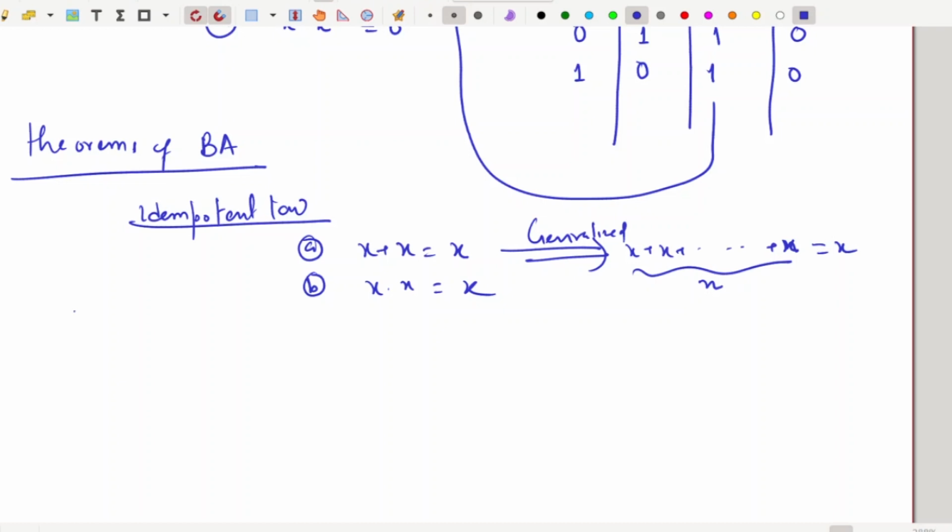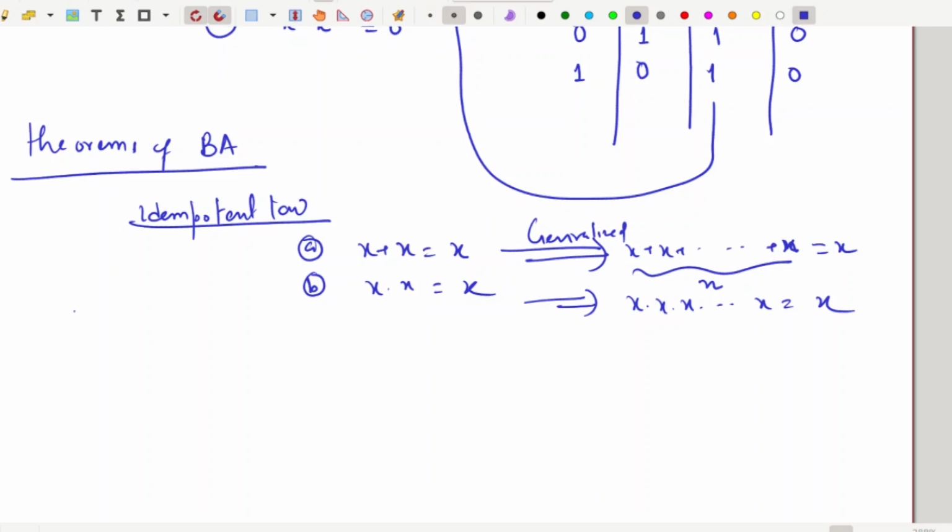This means x plus x added 2 times, or x plus x added n times, what is the result? This is x. And the generalized form, because this is a logical and, is x into x into x, the same variable multiplied by itself n times, that is also equal to x. But this is not true in elementary algebra.